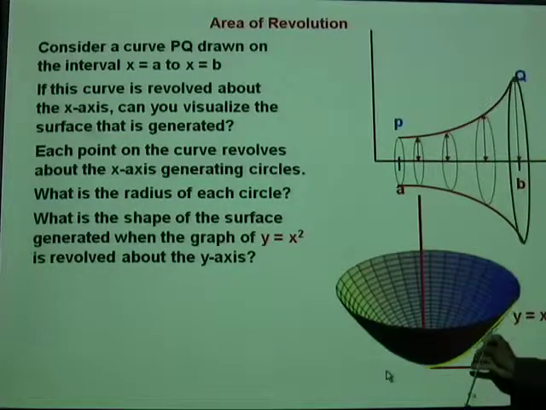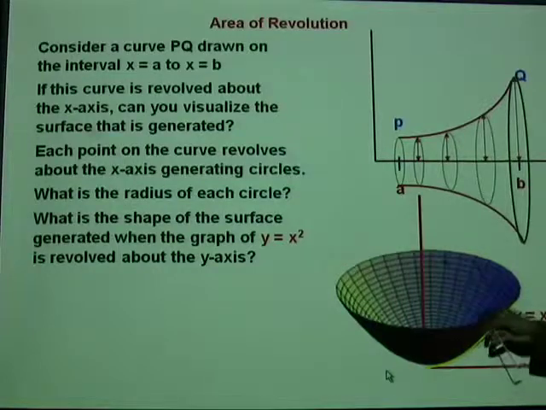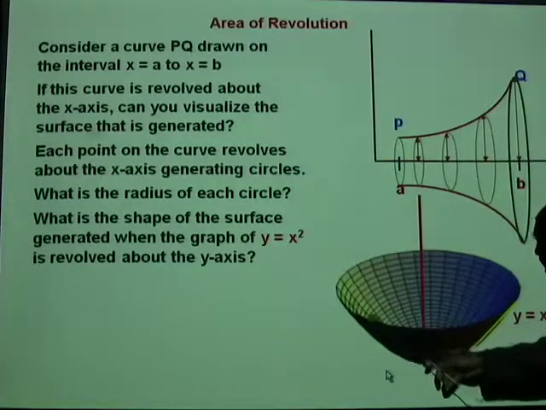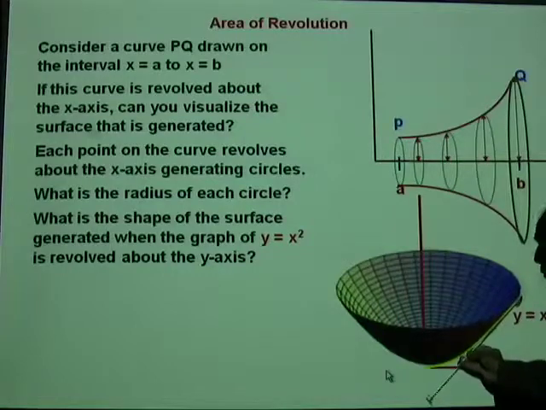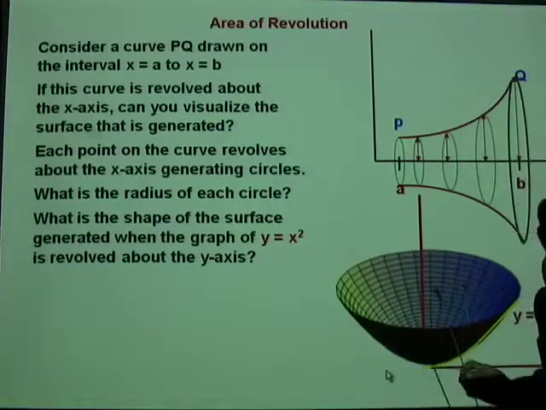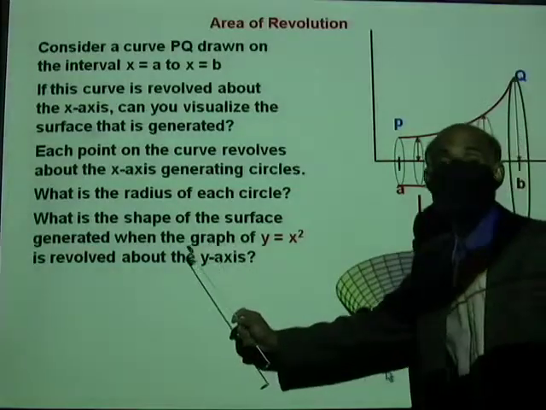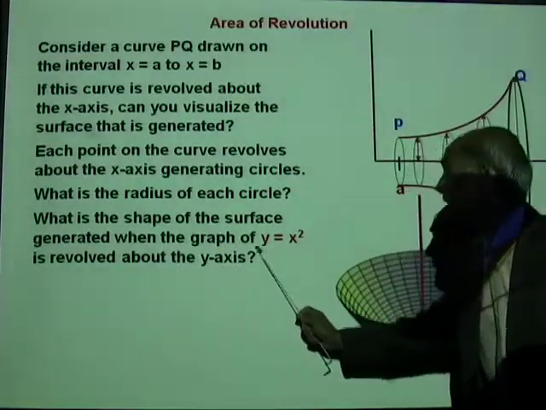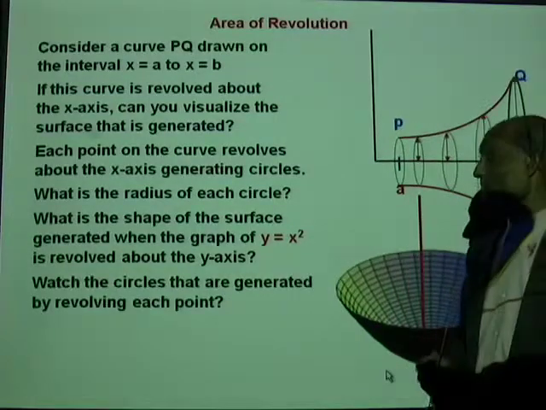Each point revolved about the axis generates these circles. So each of these circles actually defines the surface that is created as a result of revolving that arc. That beautiful surface is generated by revolving the graph of y equal to x squared about the y-axis.